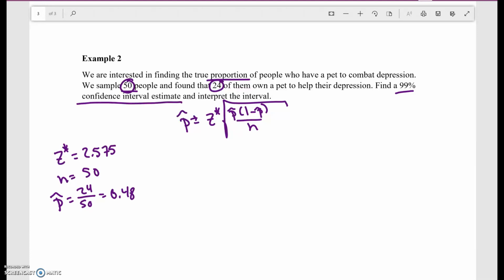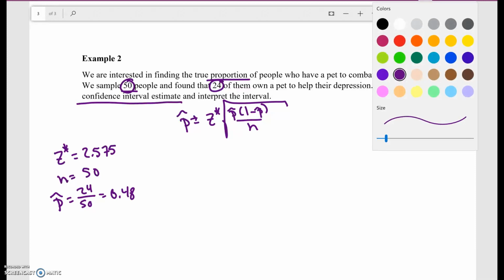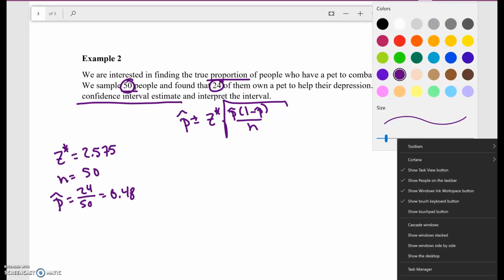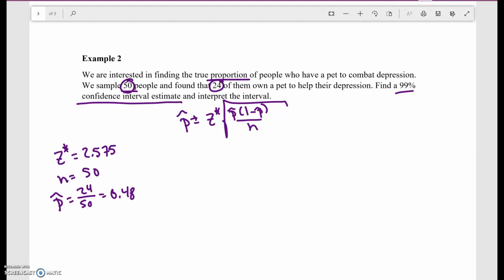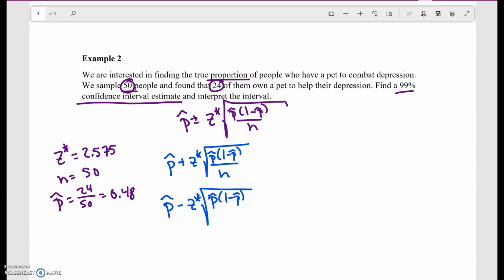So now that we have all of this, we can go ahead and plug it into our formula and figure out what the confidence interval estimate will be. So we're going to have p hat plus z star square root of p hat 1 minus p hat divided by n. And I'm also going to have p hat minus z star square root of p hat 1 minus p hat divided by n. Okay, so let's plug all of these things into our formula.